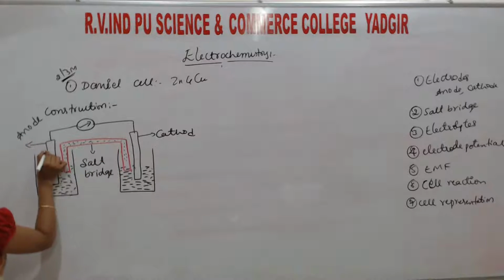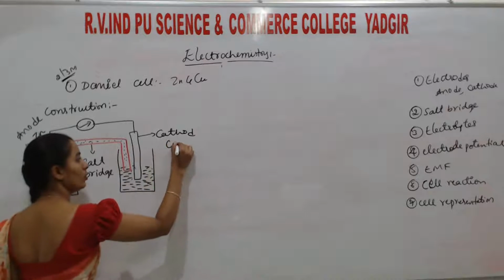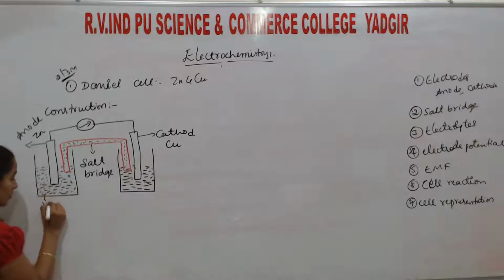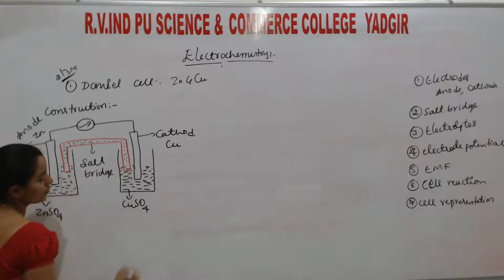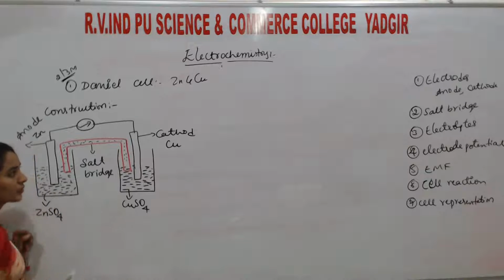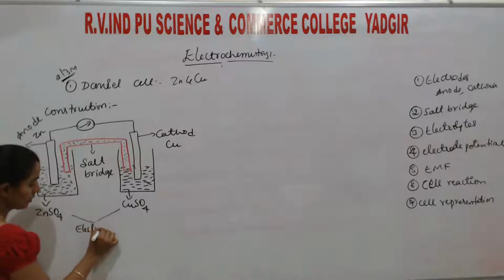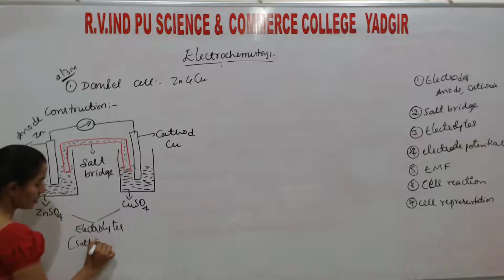This anode is made up of zinc. This cathode is made up of copper. And here, this is the electrolyte, that is the salt solution of ZnSO4. Here the salt solution of CuSO4. This ZnSO4 and CuSO4 are called electrolytes, means salt solutions.